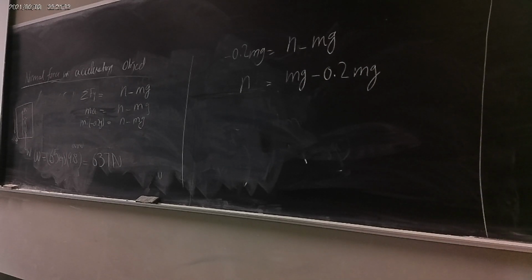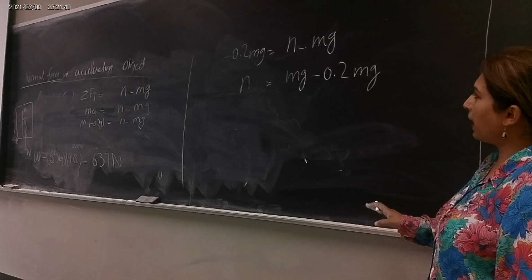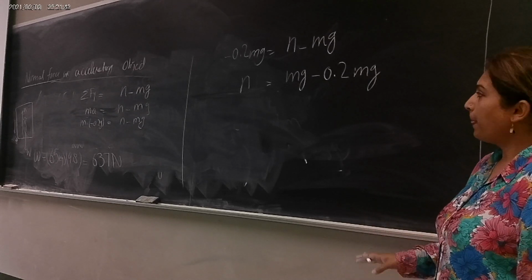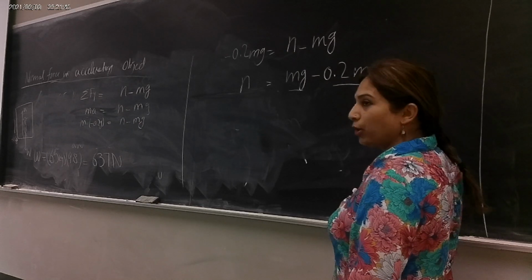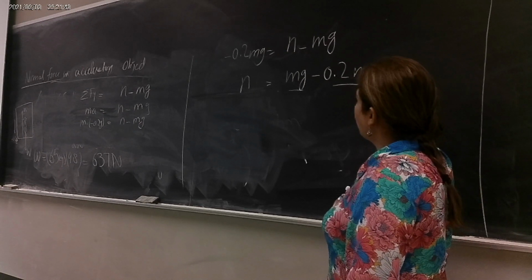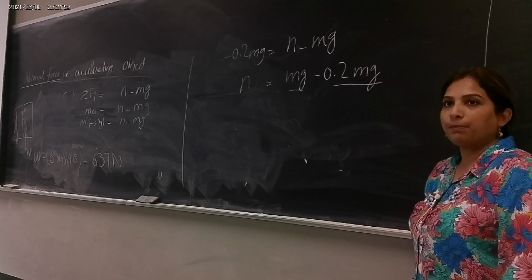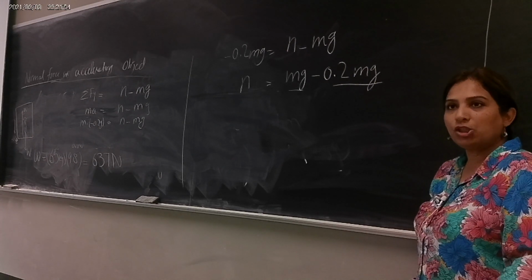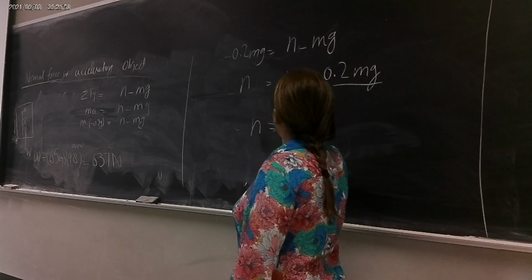I didn't do anything which is not explained clearly here. I have just kept everything in the form of mg. mg is the actual weight, reduced by this 0.2 mg. You subtract them, plug in m, plug in g, get the value for N. Tell me what you get.